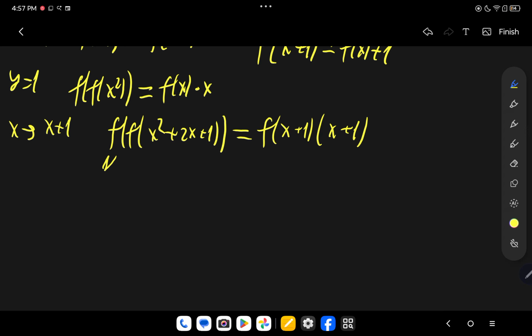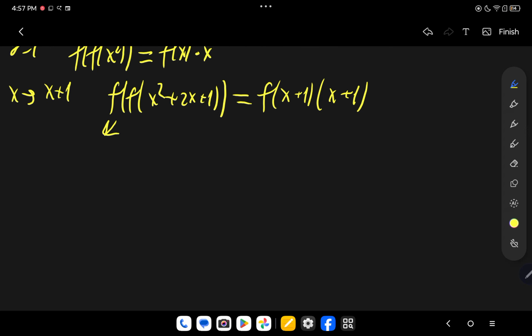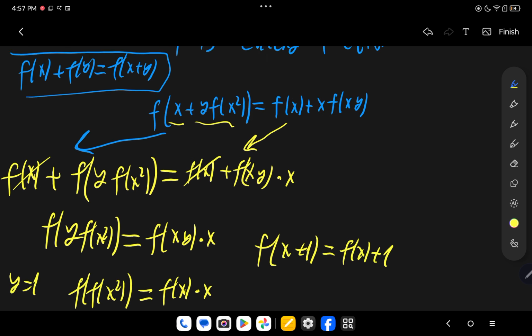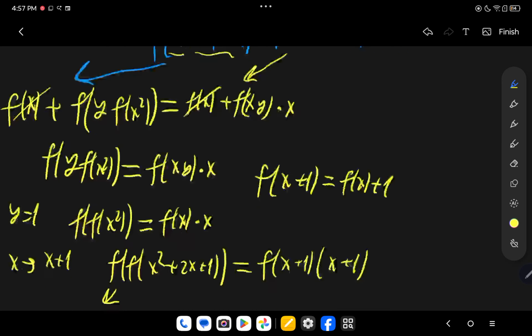Now let's simplify this at first. So we will get x squared plus 2x plus 1. And also this is equal to f(x squared) plus f(2x) plus 1, because we know that f is a Cauchy function right here.